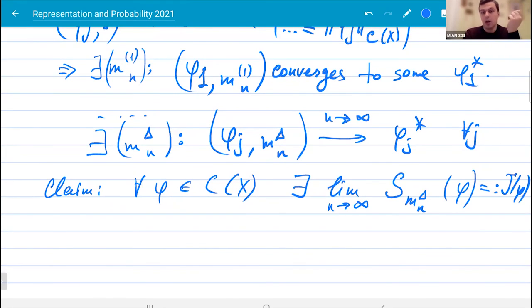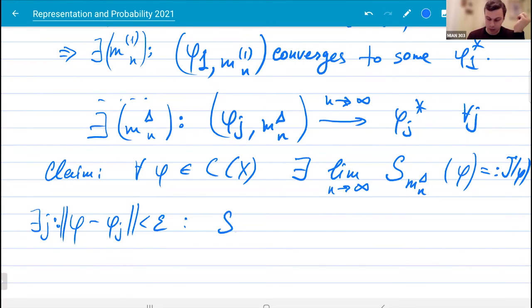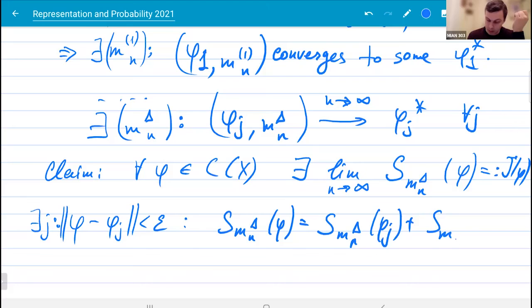Why is it so? Well, because if you take this phi, there exists some j such that the norm of phi minus phi_j is less than epsilon. So of course you can express S_m of phi as S_m of phi_j plus S_m of phi minus phi_j.